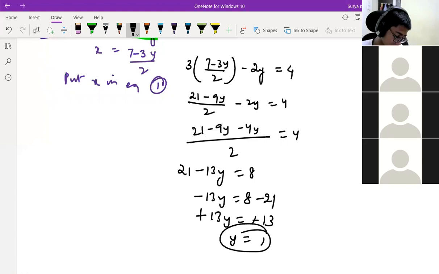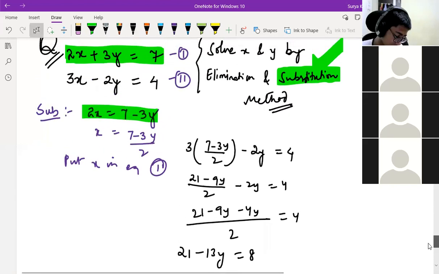"Yes, sir. Should we do the substitution method and then the elimination?" Either way, you can do elimination first or substitution, no problem. I want both the methods. "Can you go up again? I want to see the question again." Yeah, see. Now you got y is equal to 1.